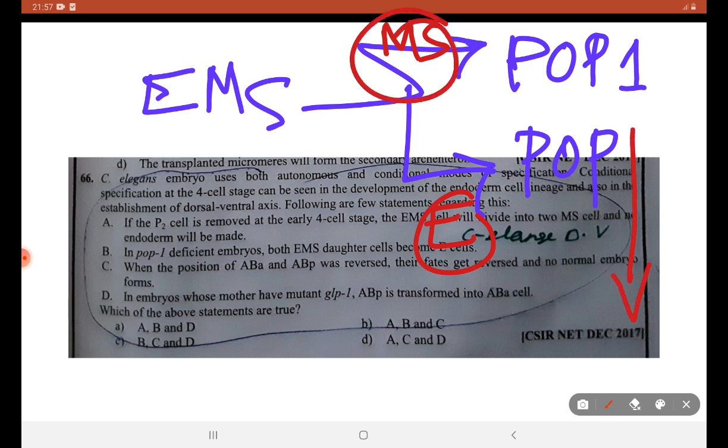In MS, POP1 is high. Okay, are the things clear?